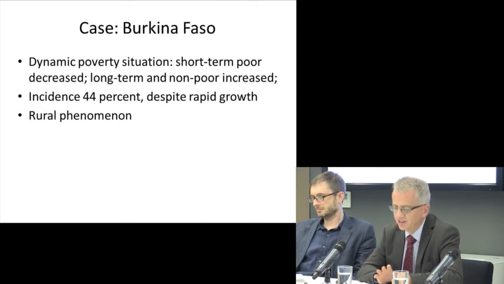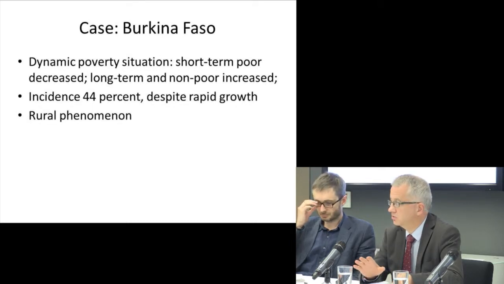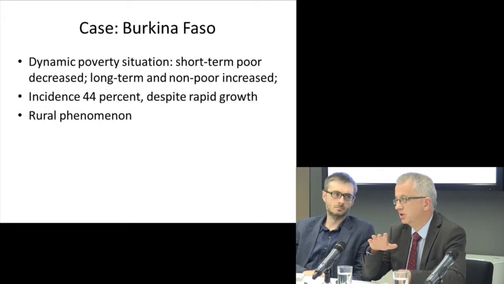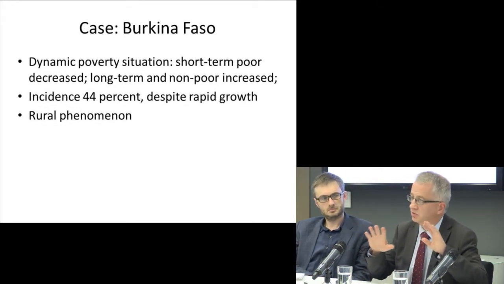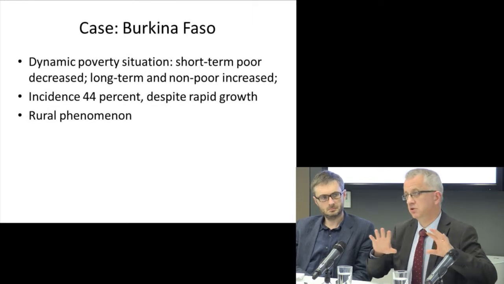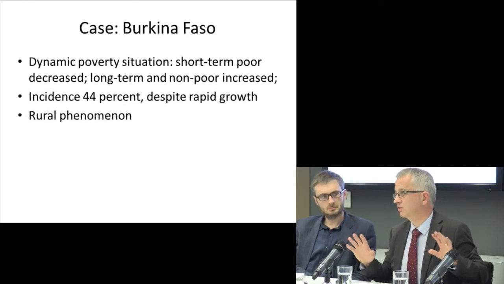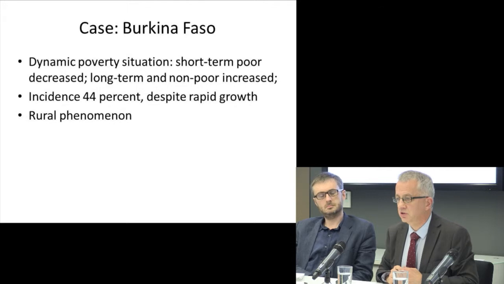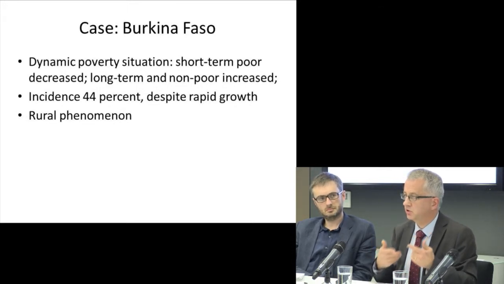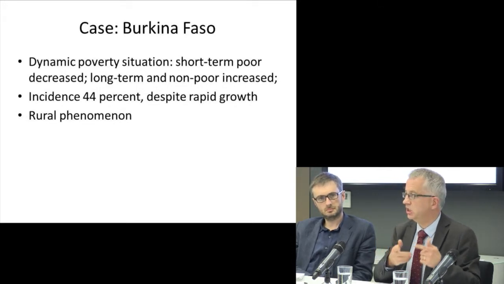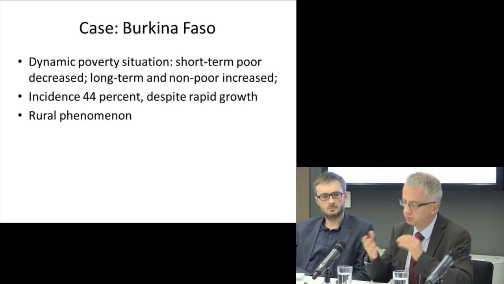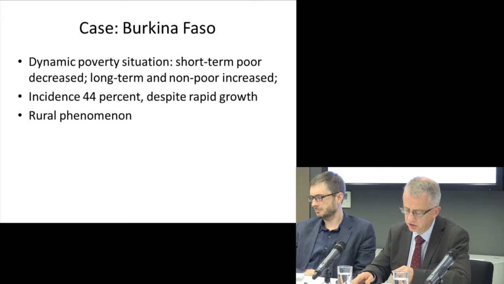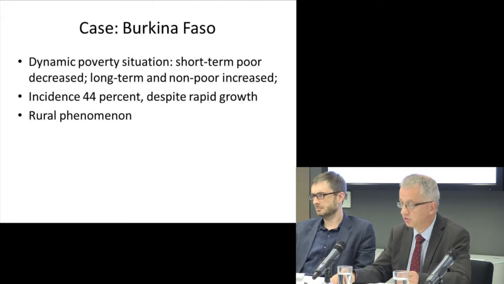There's no clear geographical pattern to the poverty situation. You cannot really understand what drives poverty by looking at where it is, in which regions it is more prevalent. It's only when you start to look into how things are changing over time that you can try to find a pattern of more understanding what is driving reduction in poverty.